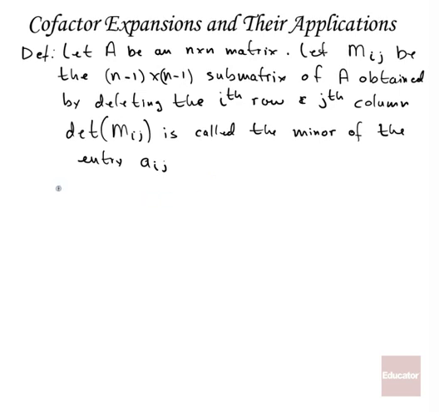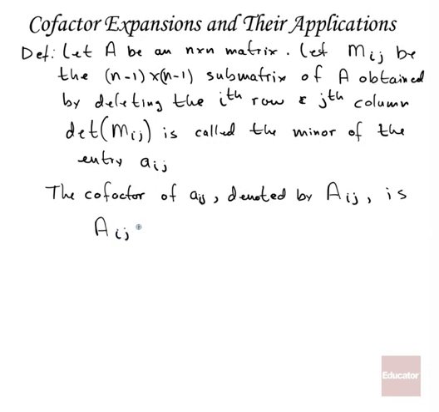One more definition. The cofactor of A sub ij, which we denote capital A sub ij, so cofactor, we use the capital, minor, we use the M, is the following.